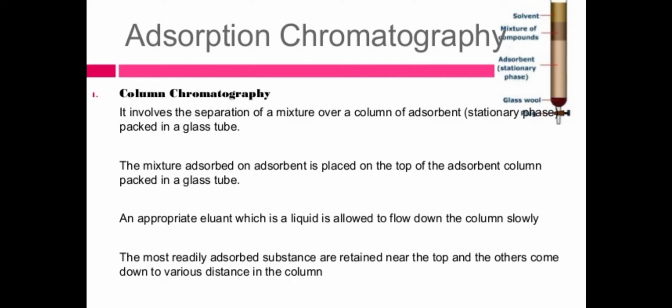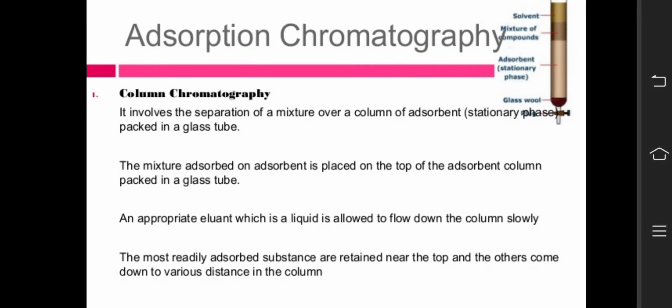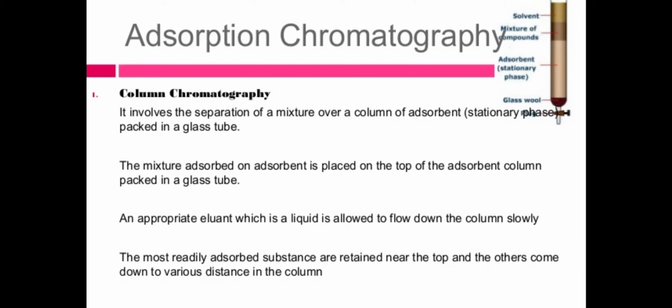The most readily adsorbed substance is retained near the top, and others come down to various distances in the column. And this is the key. By this, the components of the sample or mixture of compounds are separated.